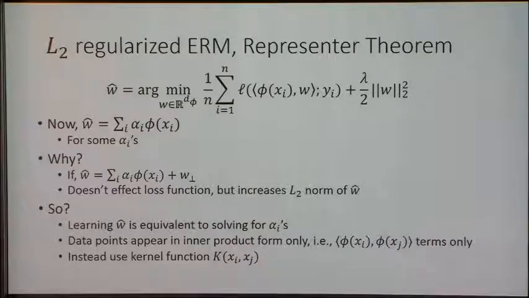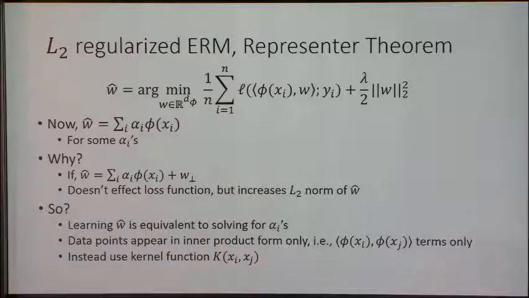That observation is very easy, because suppose I had an orthogonal component W perpendicular, then this component does not contribute anything to the loss because all these phi xi's are orthogonal to W perpendicular. But it certainly adds to my regularization term. So this will give me a suboptimal solution. So this clearly says that W perpendicular will be 0.